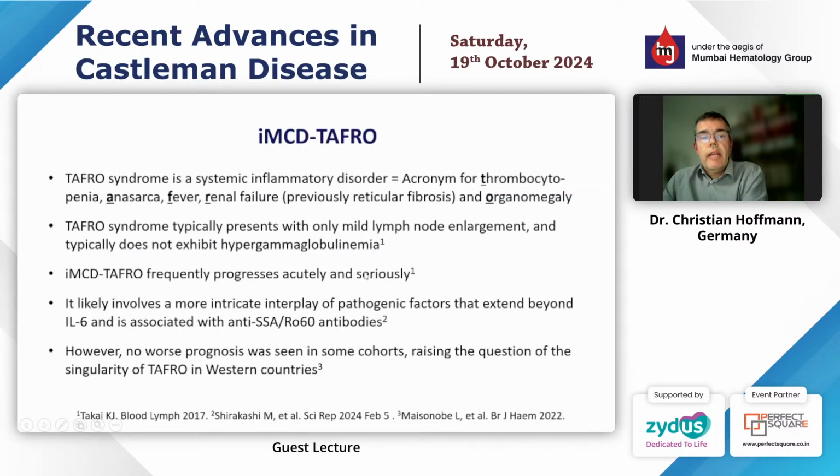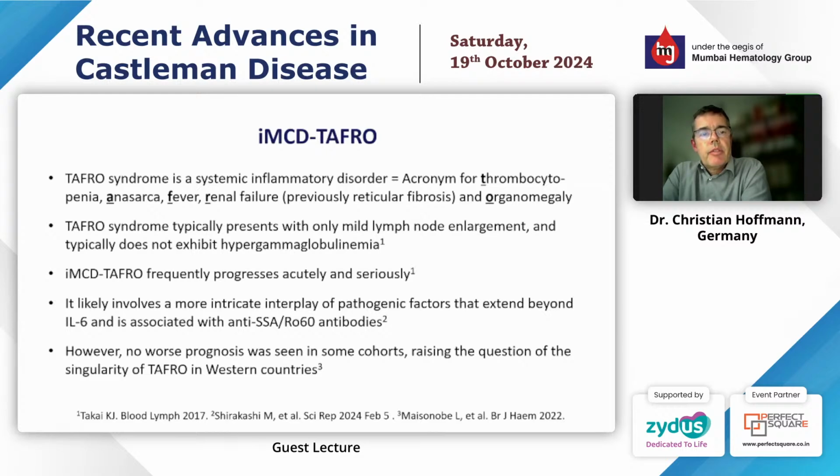And then on the other side, we have the TAFRO syndrome with the poorest prognosis. And the TAFRO syndrome is a systemic inflammatory disorder. It's an acronym for thrombocytopenia, anasarca, fever, renal failure, and organomegaly.